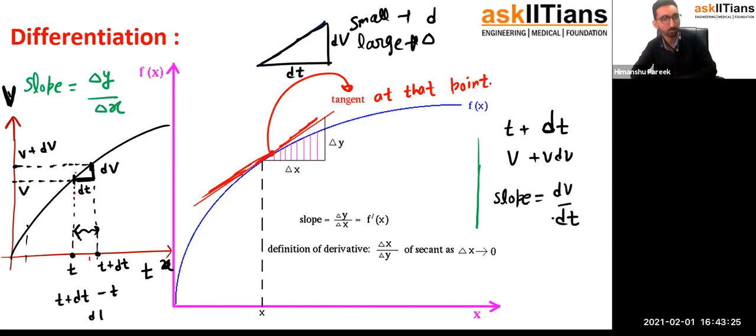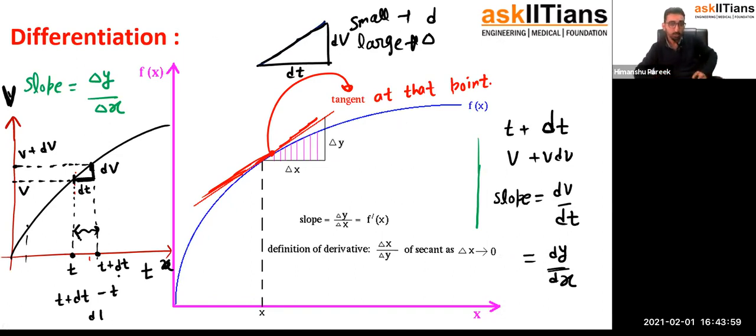If I would have taken y instead of v, then slope would have become dy upon dx. If somebody takes x on the vertical axis, time on the horizontal axis, then dx by dt. Momentum on the y-axis, time on the horizontal axis, then dp upon dt. So in this way, you can find out the different graphs and their slopes.